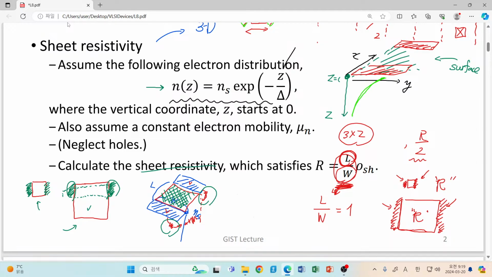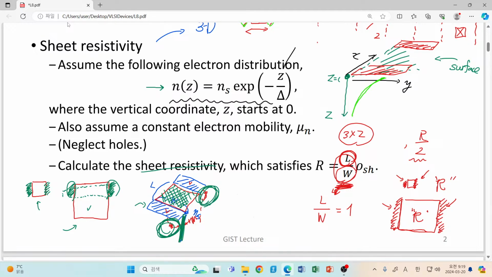It is neglecting the effect of your top placed contact and this plane. So when you try to calculate your sheet density, please do not consider this kind of parasitic component. You may think of just a one-dimensional structure.